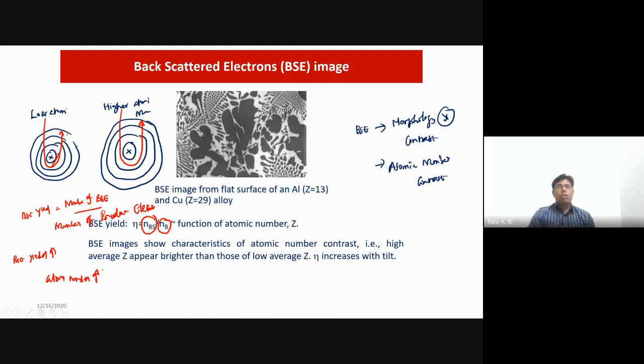Suppose in a single material you have two regions. Let's say you have a sample, and in this one, this range is low atomic number.